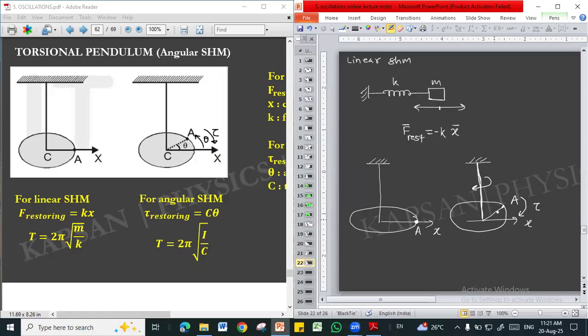You have displaced the plate by an angle theta, but while doing so, you have twisted this wire. This twist will try to oppose the rotation of the disc by applying the reverse torque.